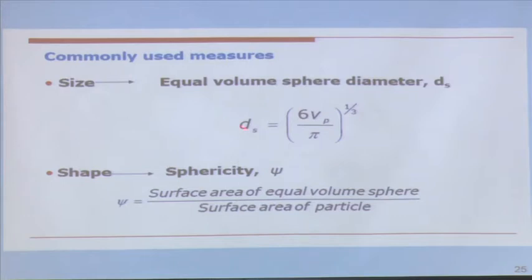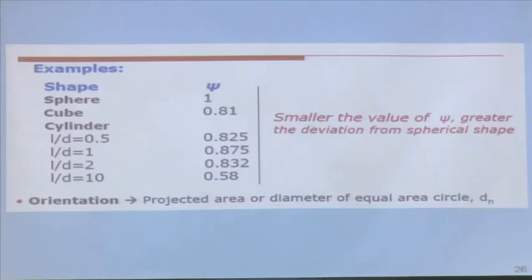So, rather we can use the equal volume sphere diameter, a general relationship like this, and shape we have already discussed, that is the sphericity, that is surface area of equal volume sphere divided by surface area of particle. Here I will bring one of Professor Chhabra's papers, where one of his PhD students compared all these models of non-spherical particles, and it is published in Powder Technology, and I will show you the case slowly.